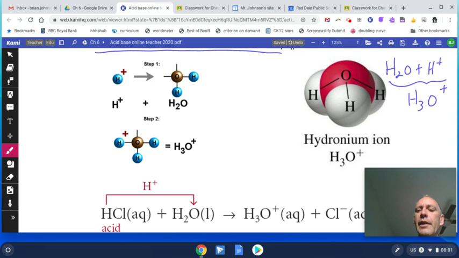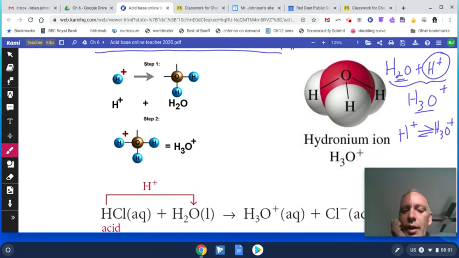Sometimes we say that H+ is the same as H3O+, because in water, if you have H+, you have H3O+. So they're kind of interchangeable. Often in Chem 20, we'll write H+, and in Chem 30, we write H3O+. But truly, you can interchange those two.